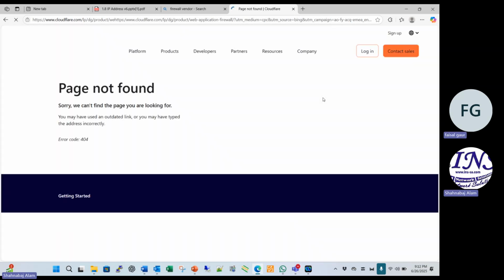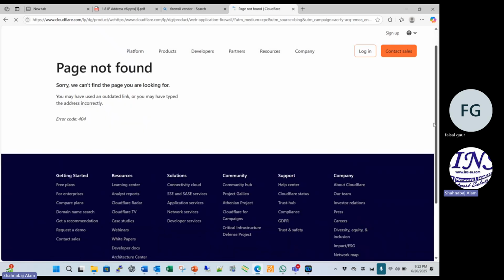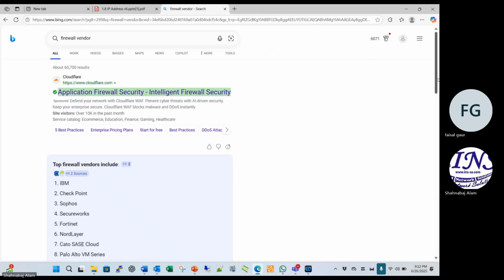I think Palo Alto is number one right now. You know about Palo Alto? No, please explain. Palo Alto is also a big company, and we have big firms there. I think they are number one in the firewall network security industry.